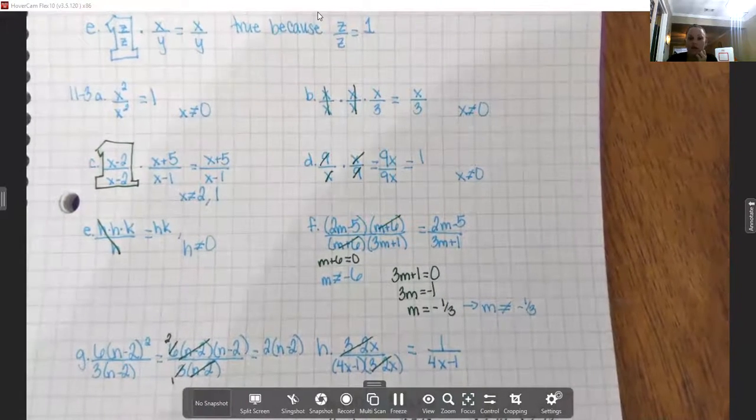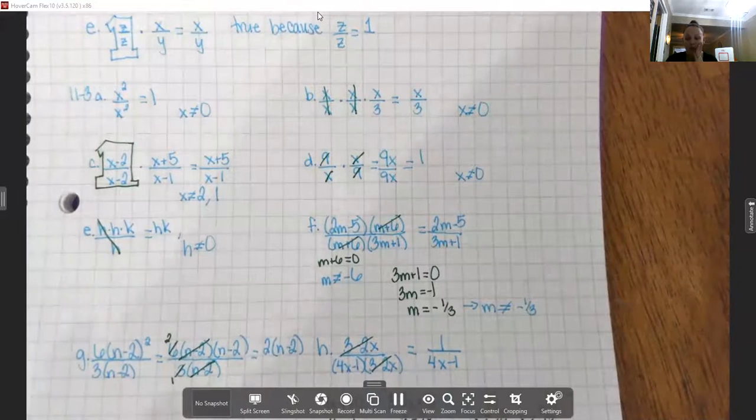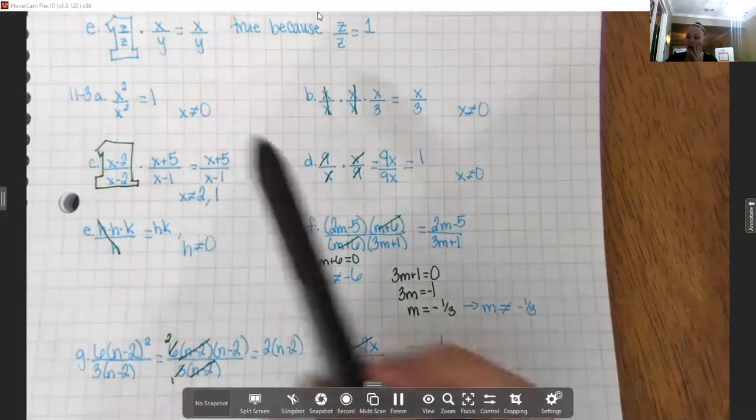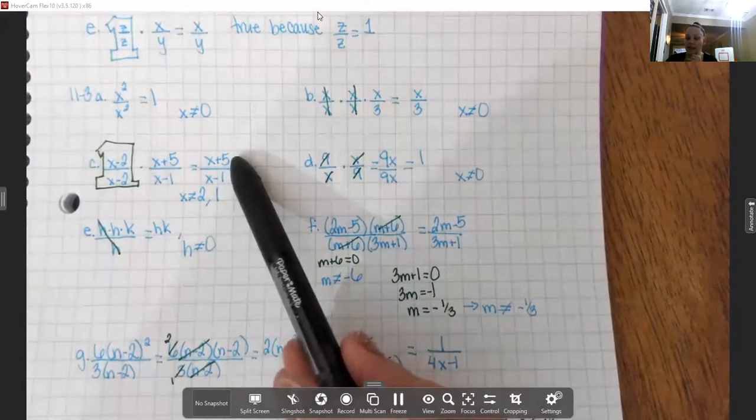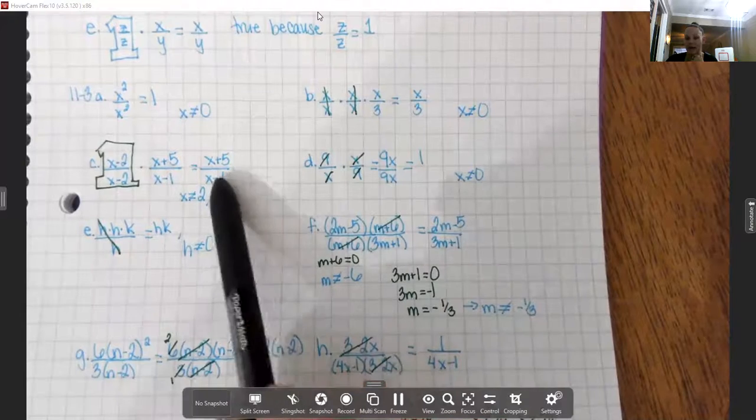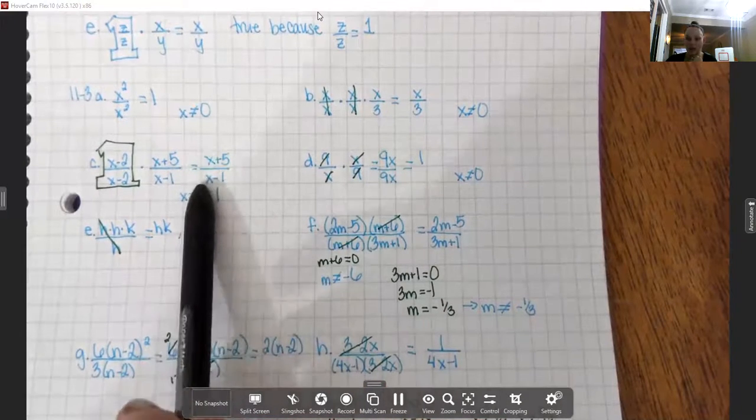Any questions? If I'm going too fast, let me know. Like I said, I think most of this so far should be a review. But what's really important here is going back to this one, x plus 5 divided by x minus 1. These x's do not get to cross out.